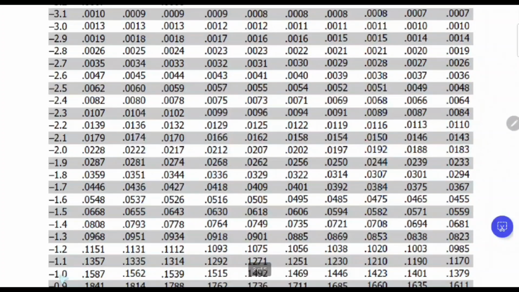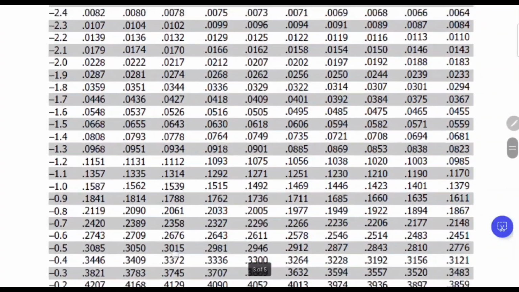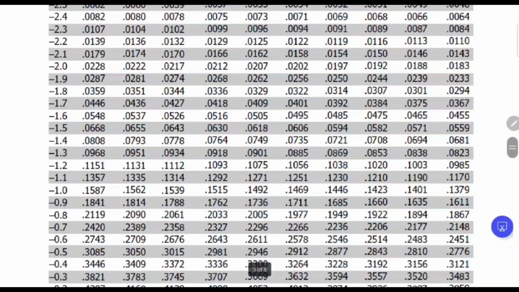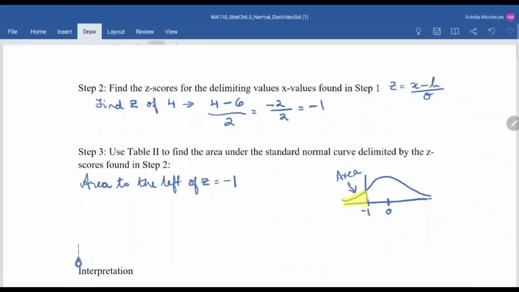We have to go down to where -1.0 is. So -1 is right here, and the corresponding area for -1.00 would be 0.1587.